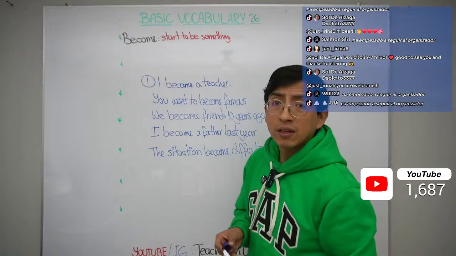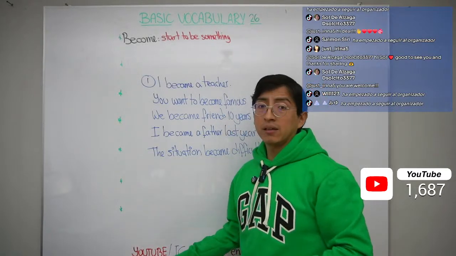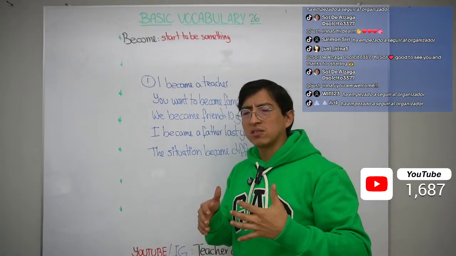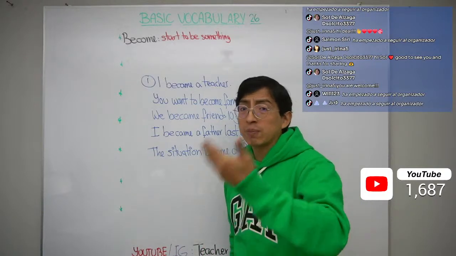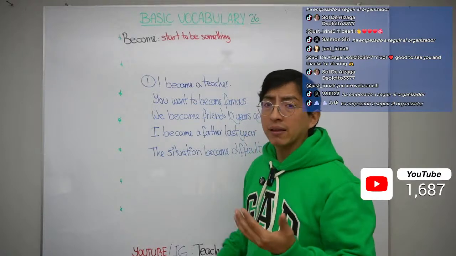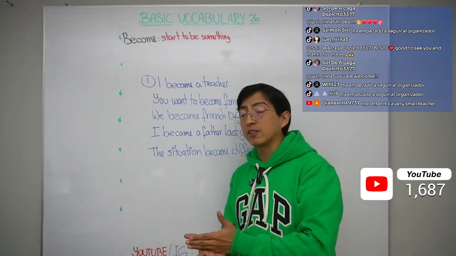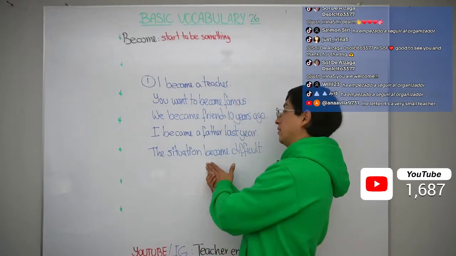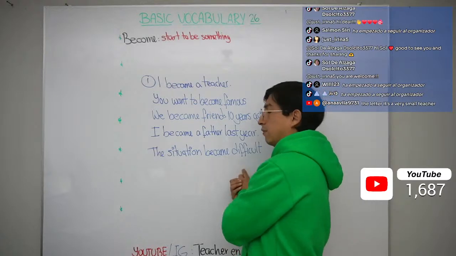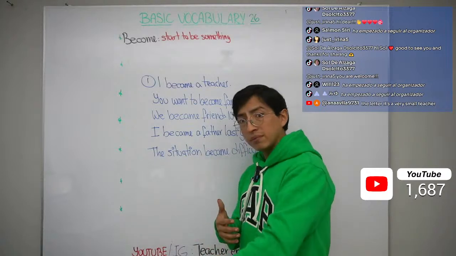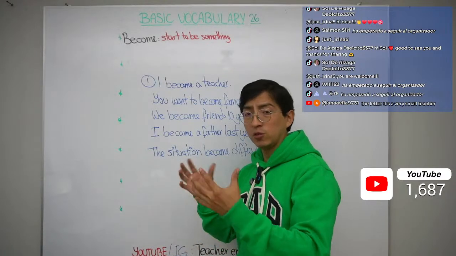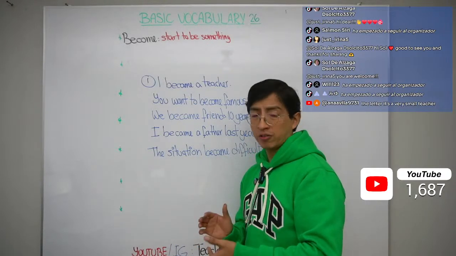So it means that in the past, the situation was easy. Okay, it was easy. For example, before the pandemic. But when the pandemic started, the situation became difficult. In the past, it was easy, but during the pandemic, the situation was terrible.